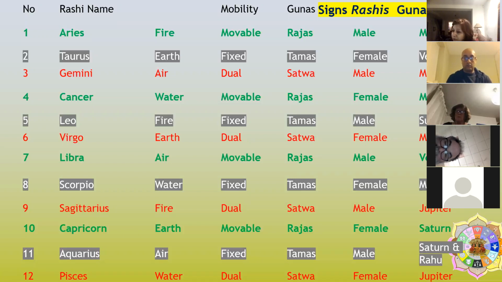Remember, in the last couple of sessions we did the colors of the planets. But today we are also going to do the colors associated with the signs, or the Rashis, and they are distinctly different. So don't think, oh, it's ruled by Mars, so it has to be red, and that's it. That's not going to cut it when it comes to the signs, because the signs have a very specific color.